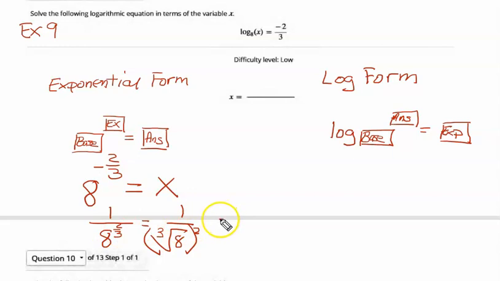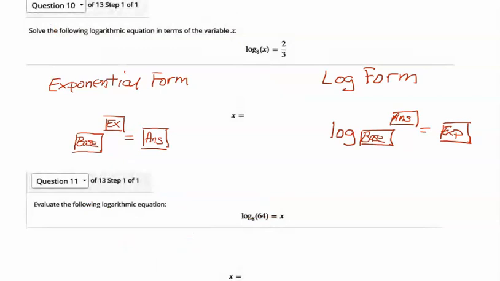Following what we've said, this becomes 1 over, the cube root of 8 is 2, 2 squared is 4. So our x value then is 1/4. And this is the protocol we followed to get to the answer.